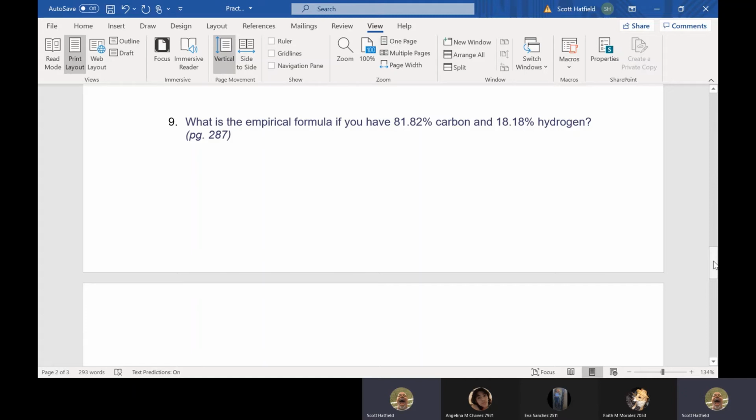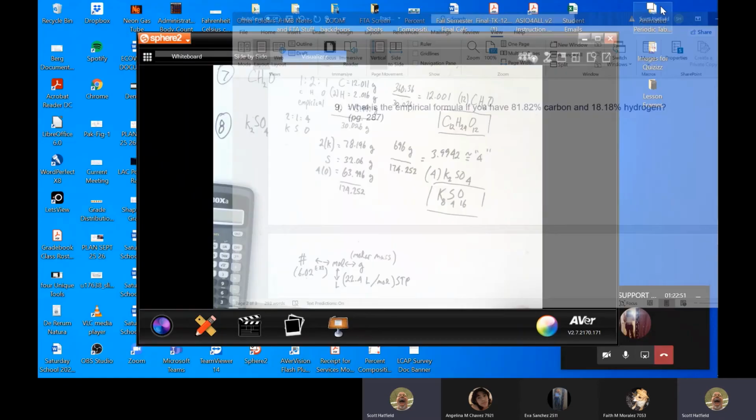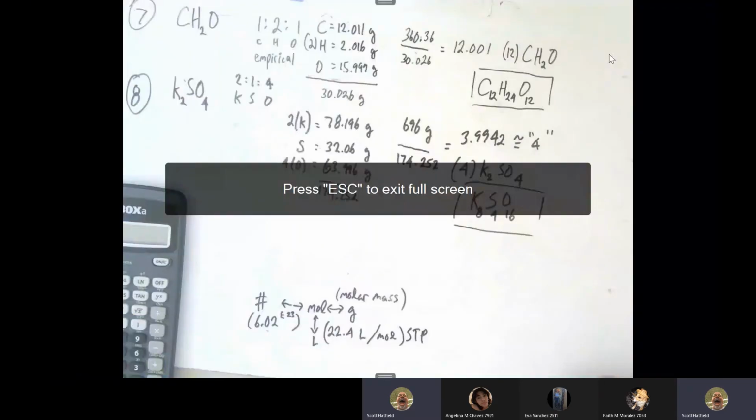So if you're wondering how we get these estimates for the ratios, this is an example. We've got some substance, and our analysis says it's 81.82% carbon and 18.18% hydrogen. So what's our guess as to the empirical formula? How many carbons, how many hydrogens? All right, so that's what we're doing. We're basically coming up with a ratio.